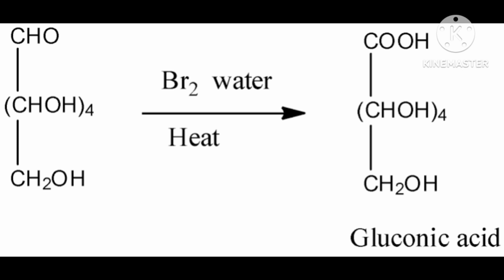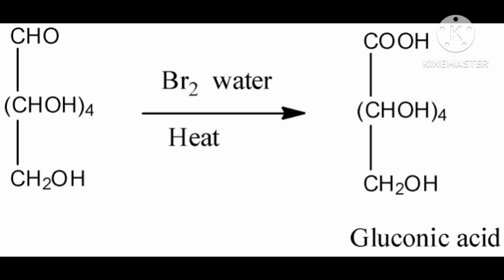All things are the same; in the place of CHO it becomes COOH. Gluconic acid. In this way also it is represented. This is the second representation. So it is gluconic acid.